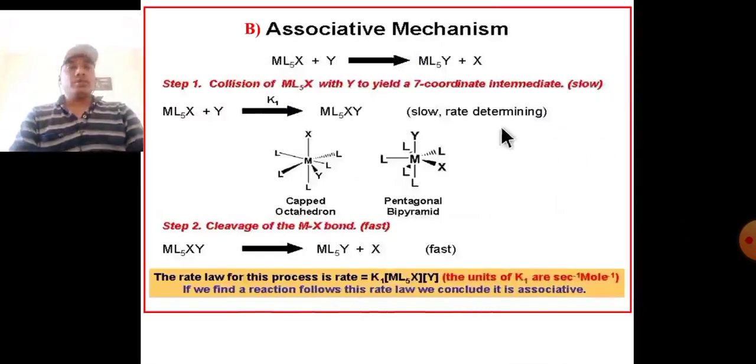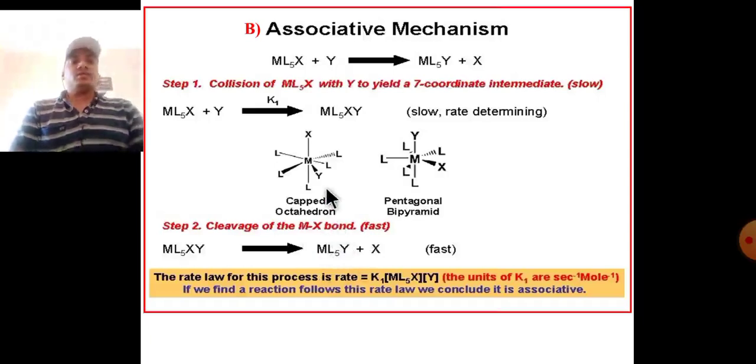In the associative mechanism, first bond making occurs, then bond breaking. In this mechanism, a 6-coordinated complex is converted into a 7-coordinated complex, and then the 7-coordinated complex is converted into a 6-coordinated complex.